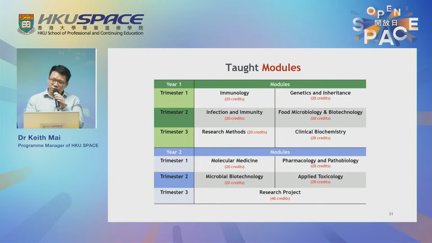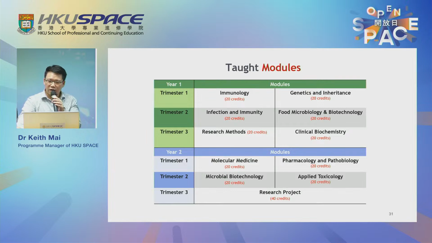These are the modules taught in our program. As you can see, it covers a relatively broad range of topics in biological sciences, including immunology and genetics. We also delve into food microbiology, and topics related to biomedical science, infection and immunity, and clinical biochemistry.